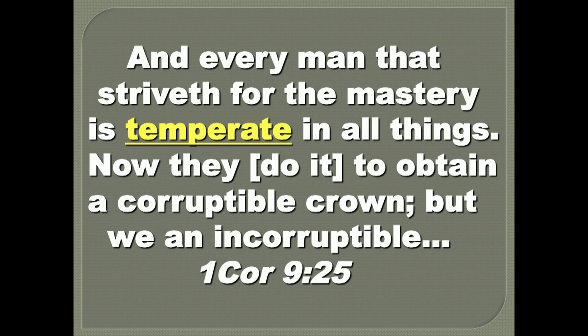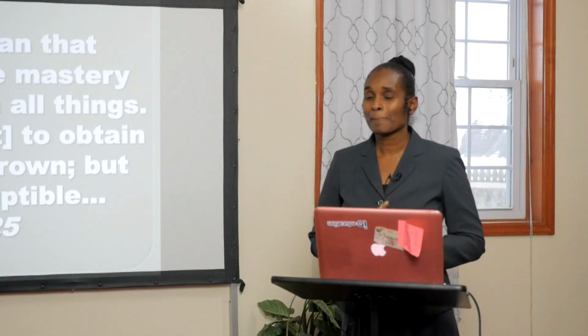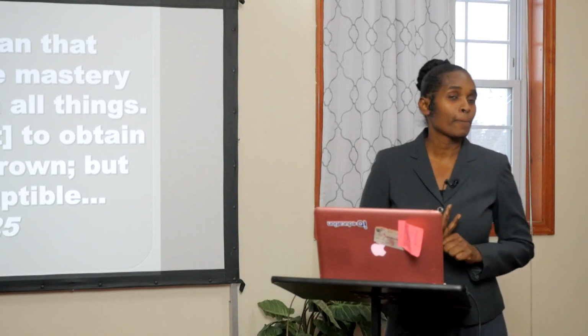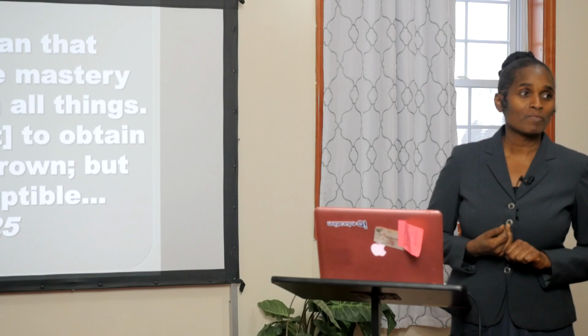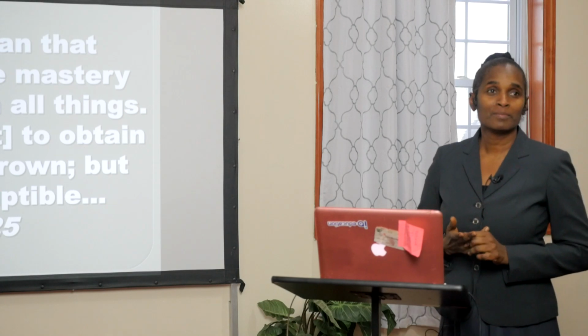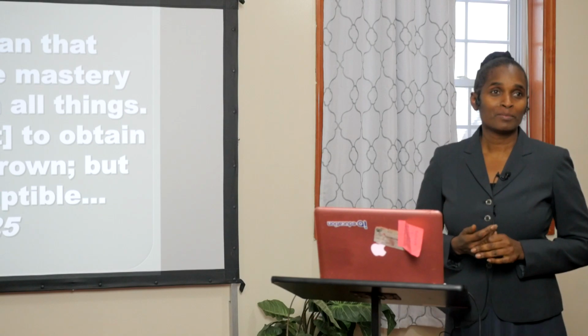Now they do it to obtain a corruptible crown, but we an incorruptible. Michael, can you tell us what you understand from that? You need a mic. Well, what I see here is that if I add to it, I'm removing.